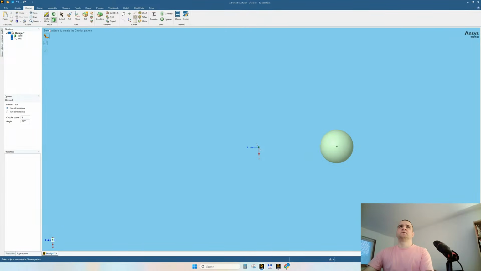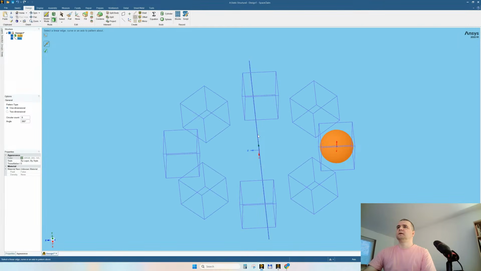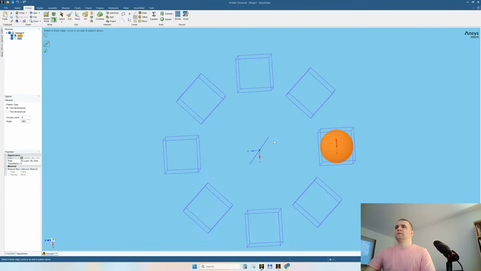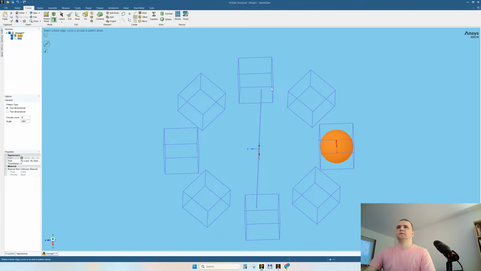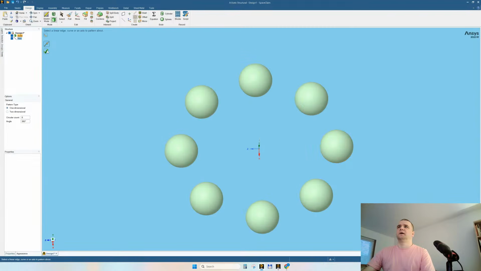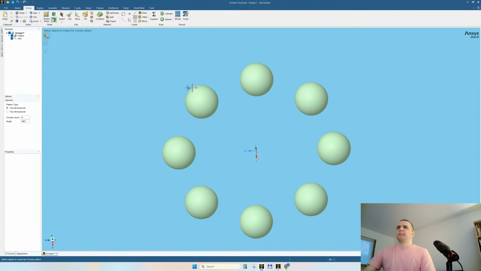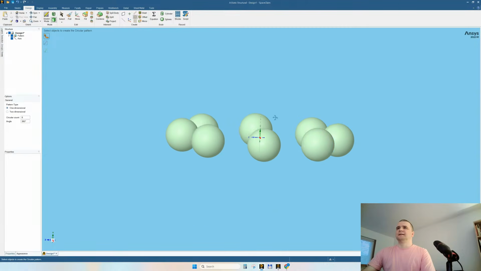Select objects to create the circular pattern. This is what I will need. Select linear axis and so on. We select this axis. And look, we have here 8 balls. I'm a little counting and meditating if we need so many balls, because we will have to create the contacts manually. Yeah, let's do it. So we have the balls.